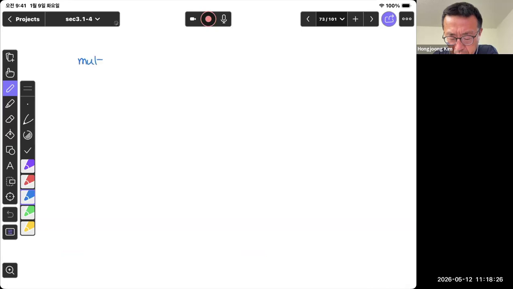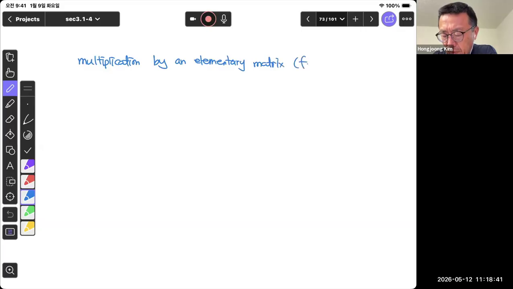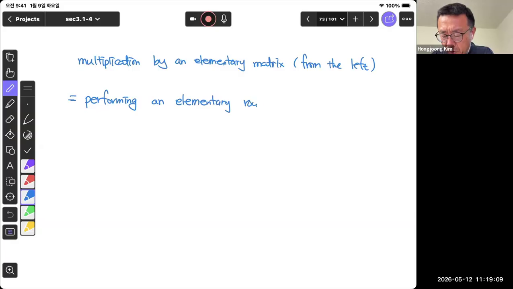So multiplication by an elementary matrix from the left is equivalent to performing an elementary row operation.